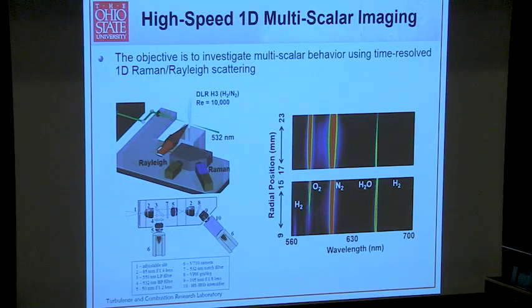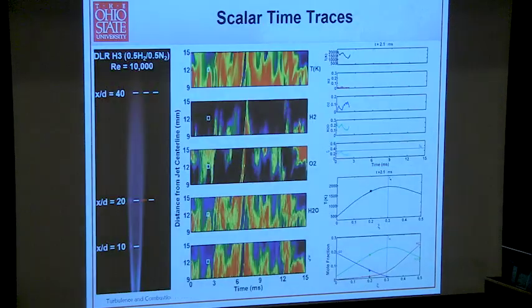Okay? Again, like I said, because it's high speed, because it's high energy, we could do measurements similar to what's done at Sandia National Labs for high-speed spontaneous Raman and Rayleigh measurements. And here's an example. Each one of these is a radial measurement from a jet flame, and then they're stacked in time.